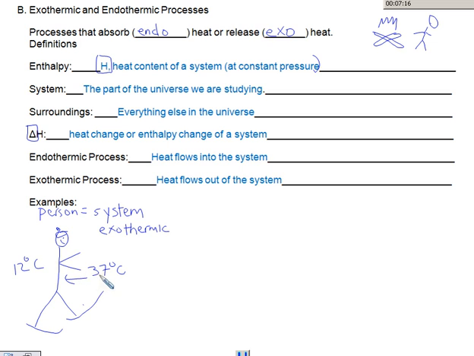So the person's 37 degrees Celsius, they are transferring heat out to the air. So this is an exothermic system. Now, if you're transferring heat out into the air, you're actually losing heat. So you've got a negative delta H. You're losing heat. So exothermic systems have a negative delta H.